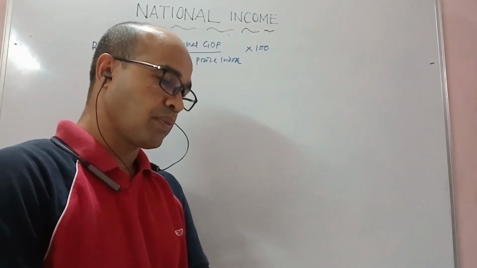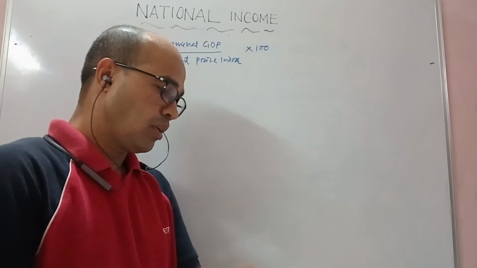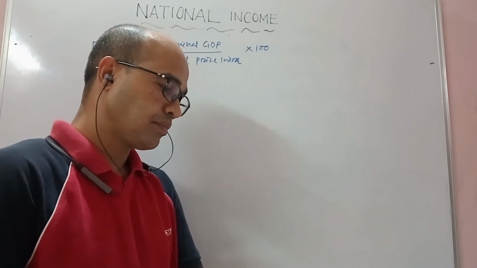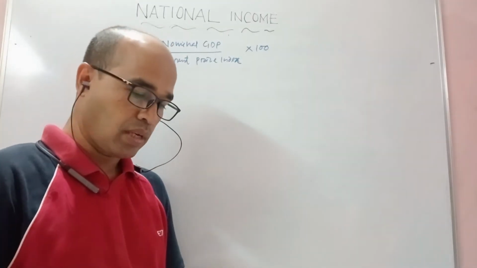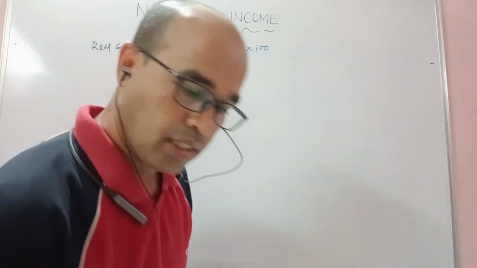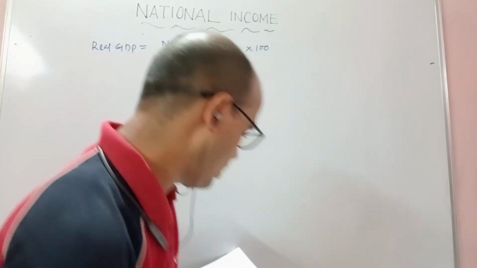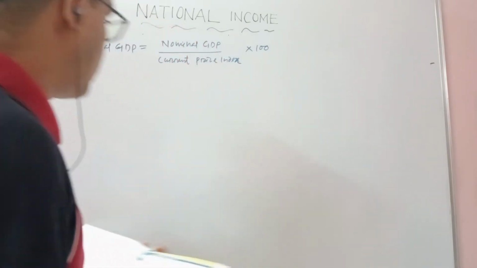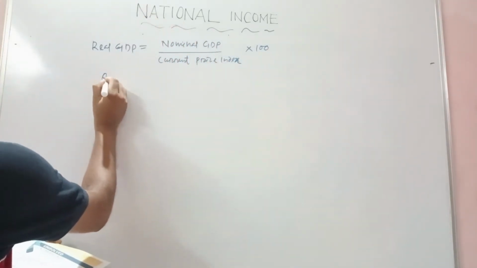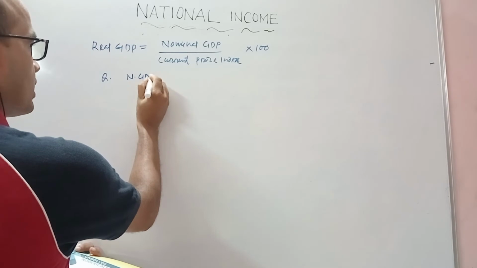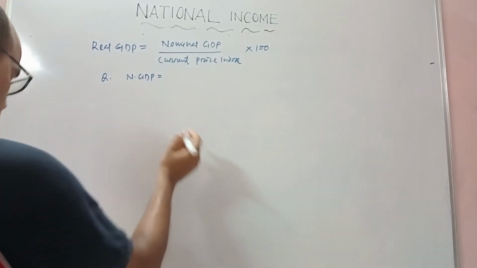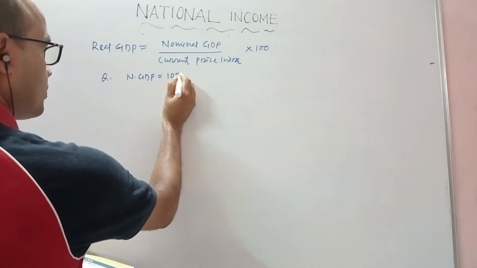I will solve two questions from this one. Two or three questions I will solve for you. Dear students, one question is mentioned here: calculation of real GDP. What is the first question? In this question, nominal GDP is given as 1050.